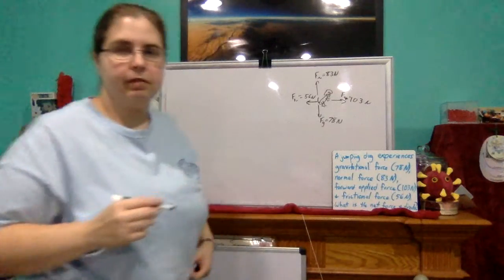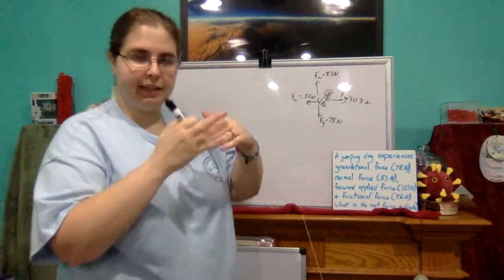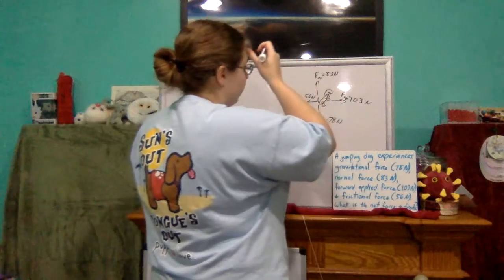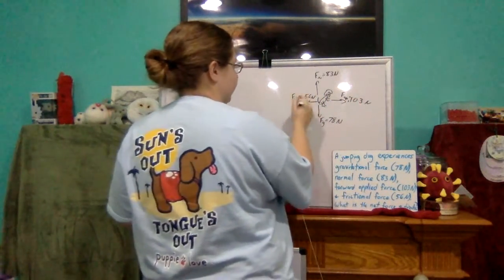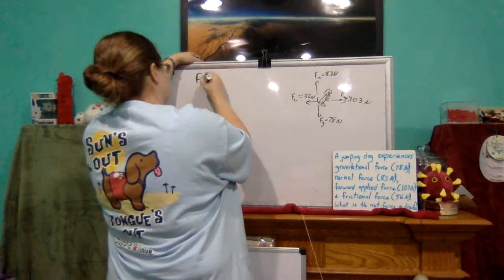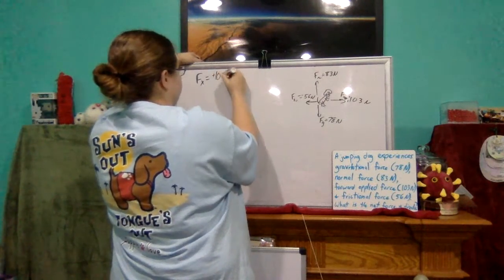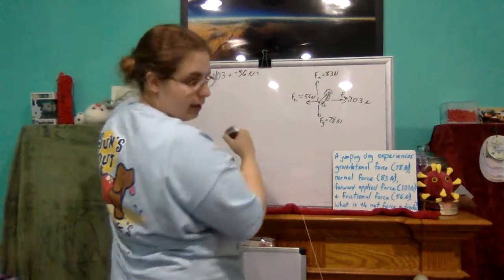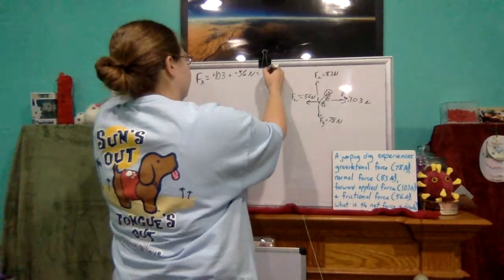Now for ones like this, remember, we're going to look at each plane individually. So let's start with the x-plane. This one's heading forward, so that's positive. This one's going in the opposite direction, so we'll make that negative. So force in the x direction is positive 103 newtons plus negative 56 newtons, and we get positive 47 newtons.